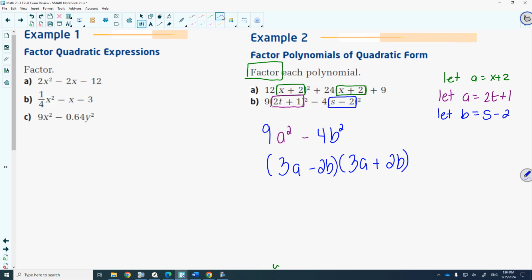Then you're doing quite a bit of work to each factor to figure it out, right? You'd have 3(2t plus 1) minus 2(s minus 2). So if they gave you a question like this, just be very careful.